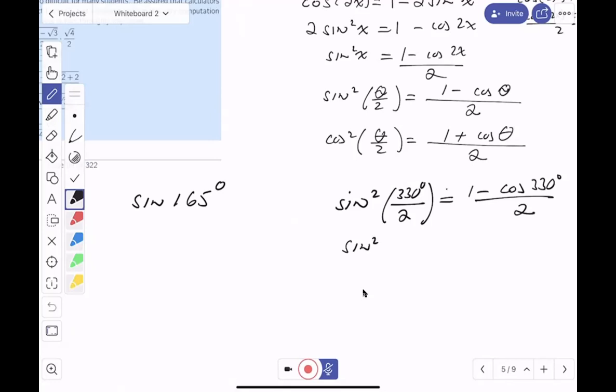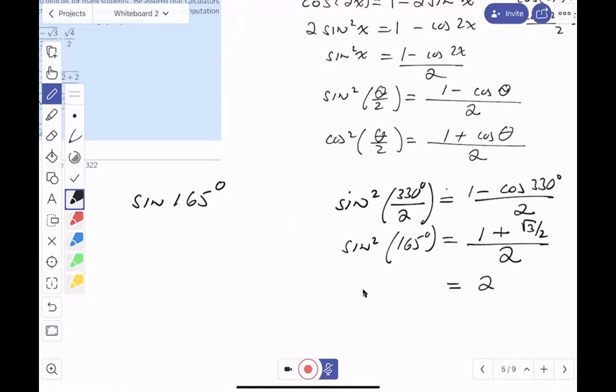All right, let me write this down. Sine squared 165 degrees is 1 minus, well, cosine 330. The reference angle would be 30. So that's going to be what? I'm in the fourth quadrant, so that's going to be plus root 3 over 2. I'm going to multiply top and bottom by 2.